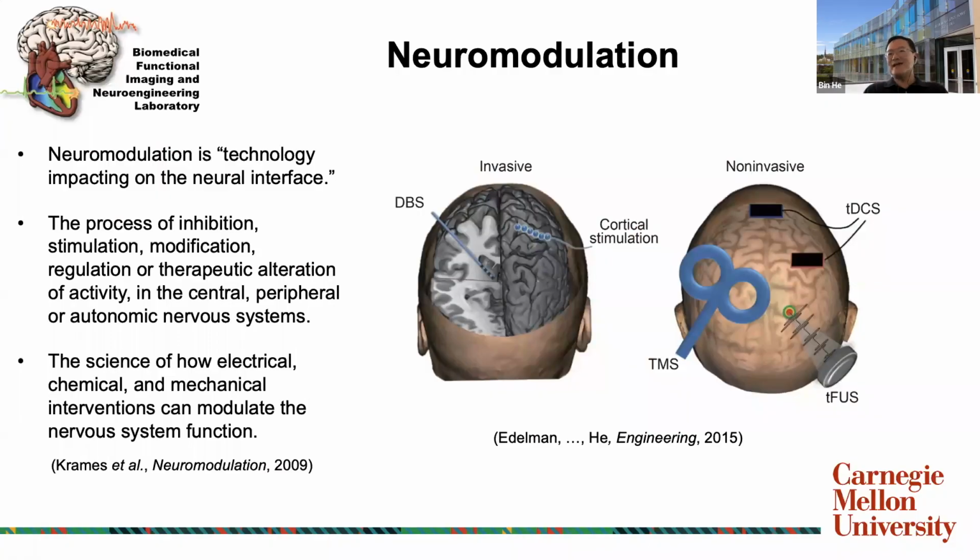So this is a slide just taken from a review paper we wrote several years ago. Neuromodulation, as most students would know, essentially represents a neurotechnology where you inject a variety of energy into the brain or central or even peripheral nervous system. For example, the left side shows invasive neuromodulation, very typical and successful, DBS, deep brain stimulation, or cortical stimulation.